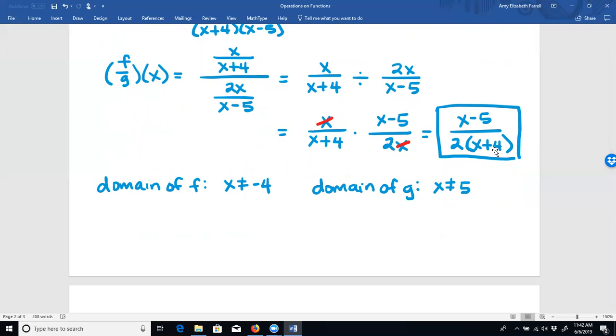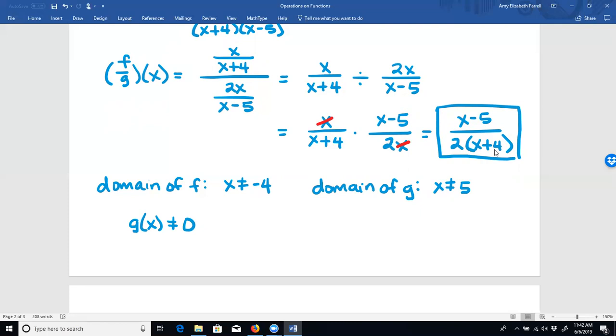So we do the intersection of the domains of f and g, as well as we also do not want g of x to be 0, because this entire function g is in the denominator. You're taking f divided by g. So you also do not want g of x to be 0.